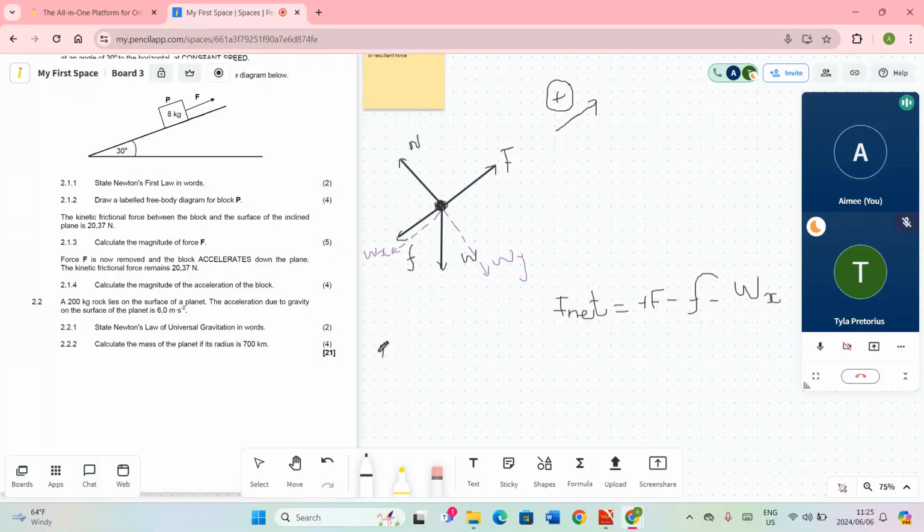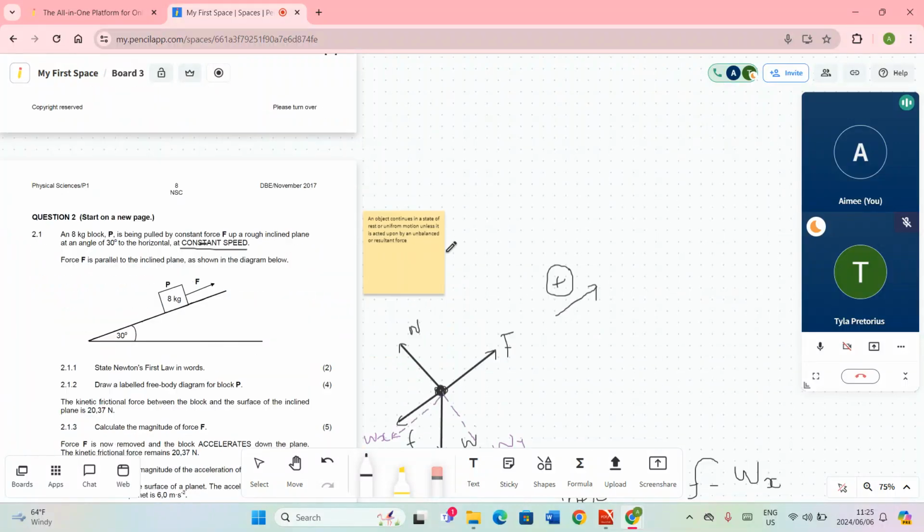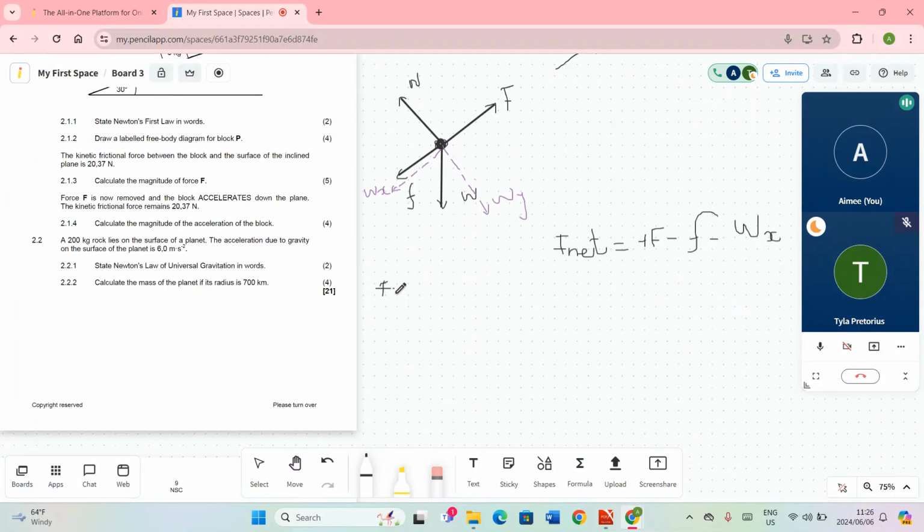So F net, also you can see here it says that it's moving at a constant speed. Constant speed tells us that F net is equal to 0. If an object is at rest, as in it's not moving, or if an object is moving at a constant speed, it means that the net force acting on that object is equal to 0.